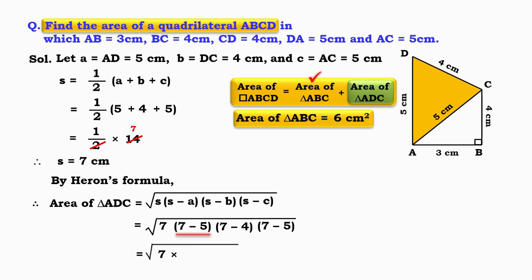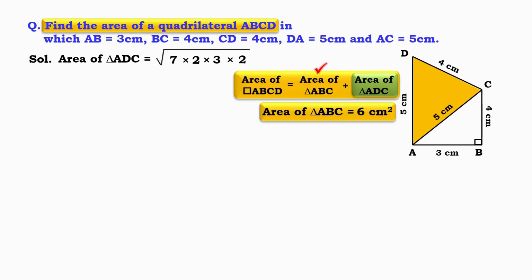So square root of 7 into 2 into 3 into 2. Here we can make a pair of 2, but 3 and 7 will remain inside the square root. So that means square root of 21. So area of triangle ADC is 2 square root of 21 centimeter square.